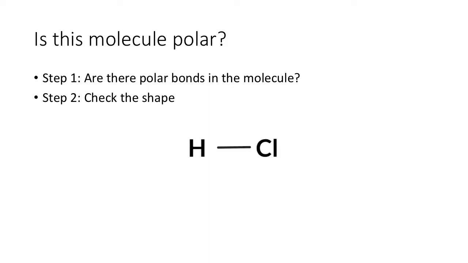So let's go back to that HCl. We said hydrogen was slightly positive, chlorine was slightly negative, and that's a polar bond, but in fact we have a whole molecule there. And that charge difference exists across the whole molecule. There is a dipole, a permanent dipole across the whole molecule.